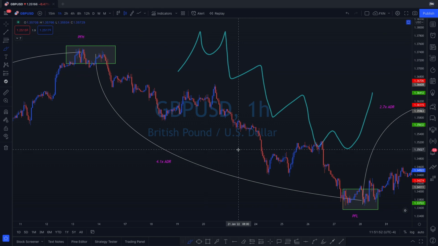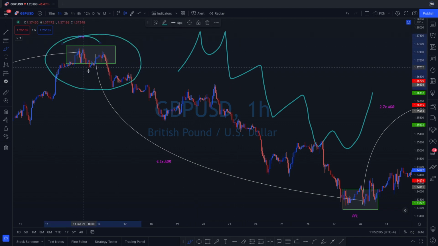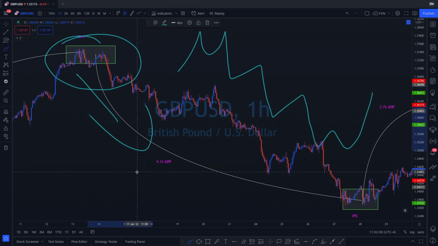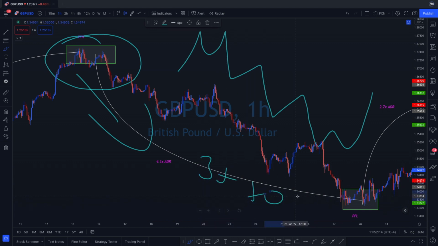The way that I like to trade, and that I've simplified my trading over the years, is simply to find the closest peak formation, and then trade away from it until I get to anywhere from 3 times up to 4 times ADR.